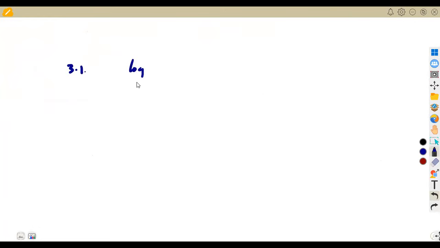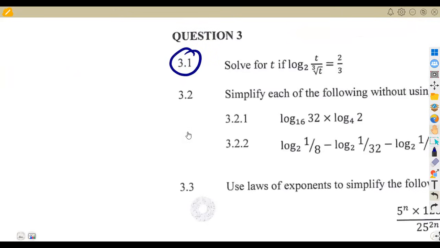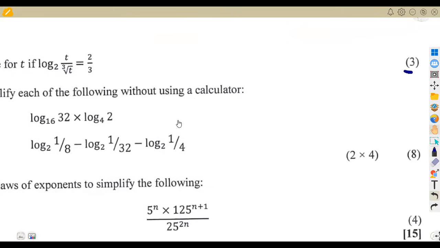We are given the logarithm of t over the cube root of t in base 2, which is equal to 2 over 3. We are asked to solve for t in this case, and they have 3 marks for that.